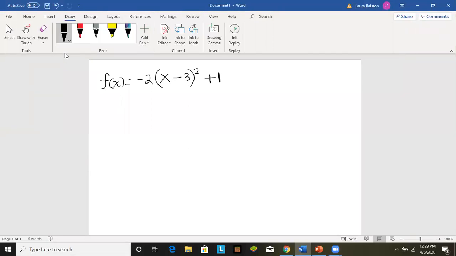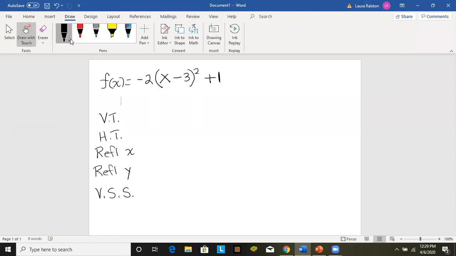If this were a question on the test, I would have asked you, what is the vertical translation? What is the horizontal translation? Is there a reflection on x? Is there a reflection on y? And then is there a vertical stretch or shrink or compression?